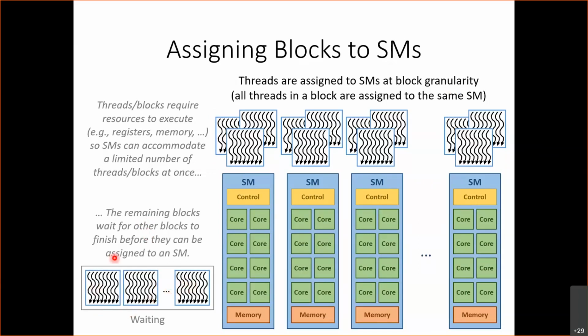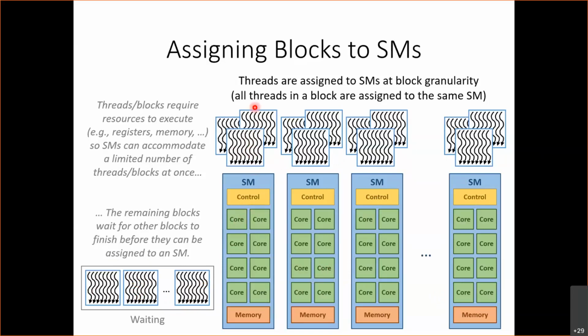This is not an actual queue; it could be closer to a counter, if you may. These thread blocks are logically going to be waiting until the thread blocks that are executing on these SMs finish their execution, so that the new thread blocks can come and start executing. So, thread blocks are assigned to SMs, and all the threads in a block need to be on the same SM.